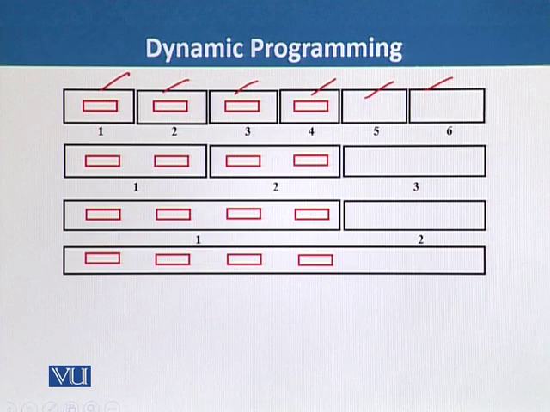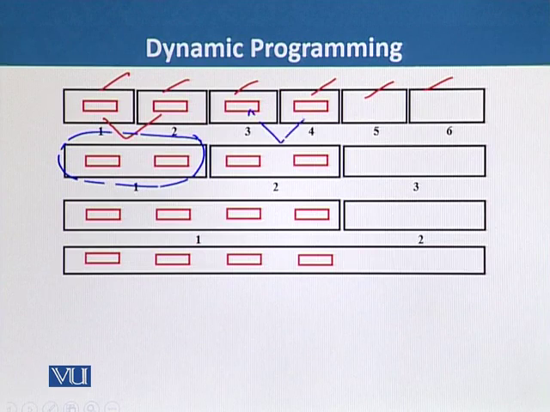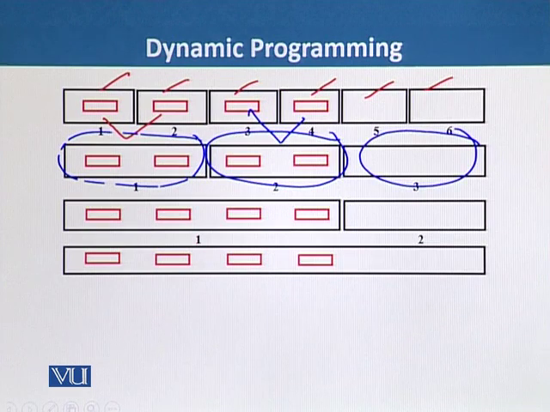For example, by compiling these 2 solutions, it will come up with a larger solution, and then it will compile the results of blocks 3 and 4, and similarly 5 and 6. So after compiling the solutions of blocks 1 to 6, it comes up with only 3 blocks: 1, 2 and 3.